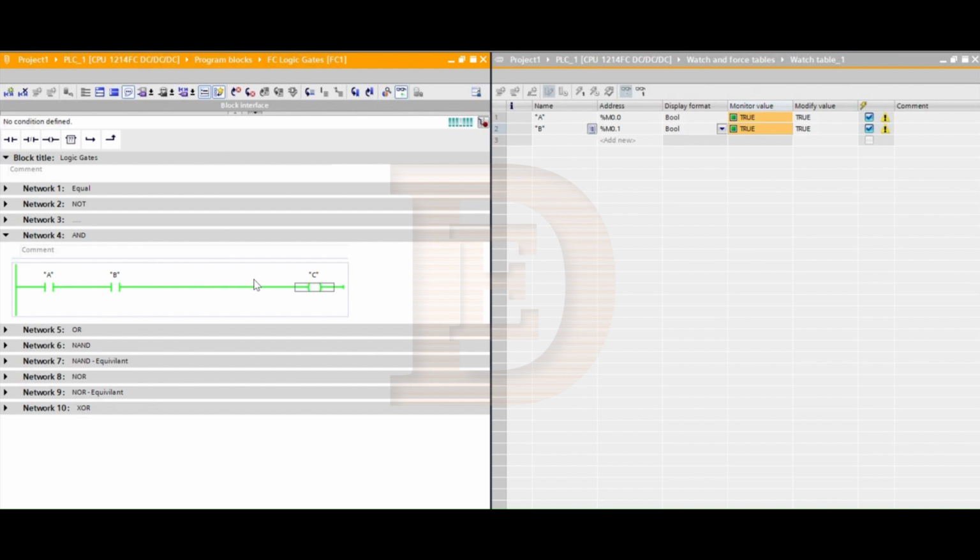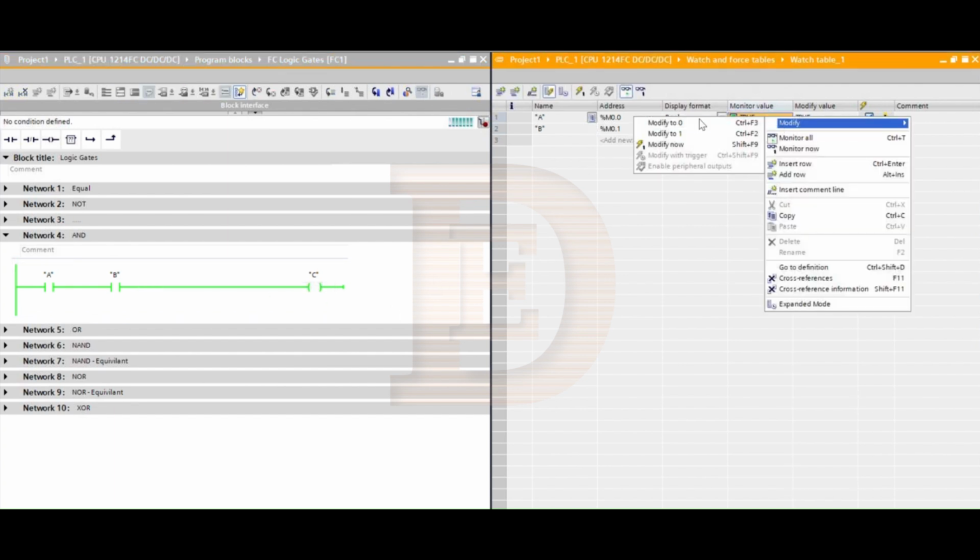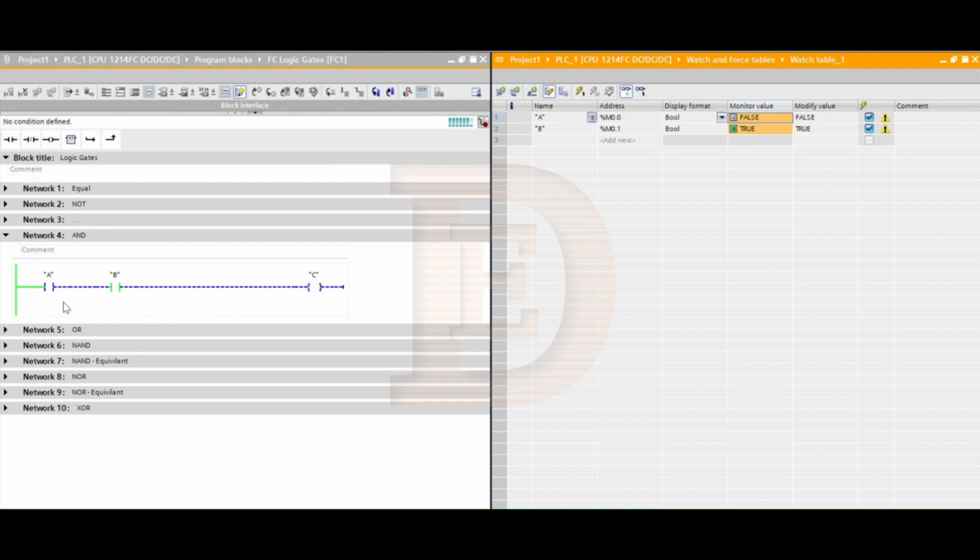A signal: switch A needs to be on, switch B needs to be on, for the signal to travel from the input to C, to turn on C. So if I turn off A now, the signal is not traveling through A, regardless.